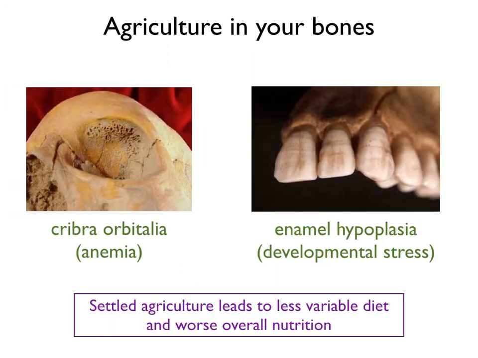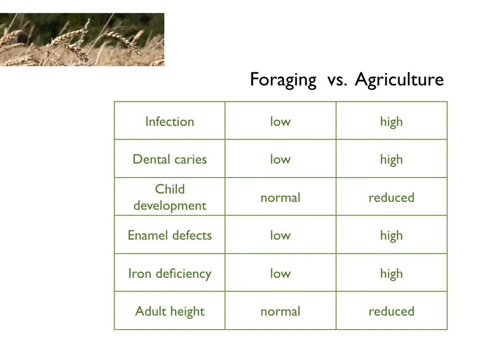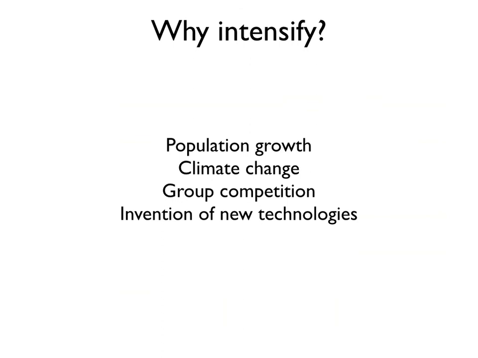We also see nutrition deficiencies as people are only eating a few number of domesticated species, so they can become anemic and get other types of developmental stress. So here's just a chart if you want to pause and look at it longer of foraging versus agriculture. We talked about these a little bit.